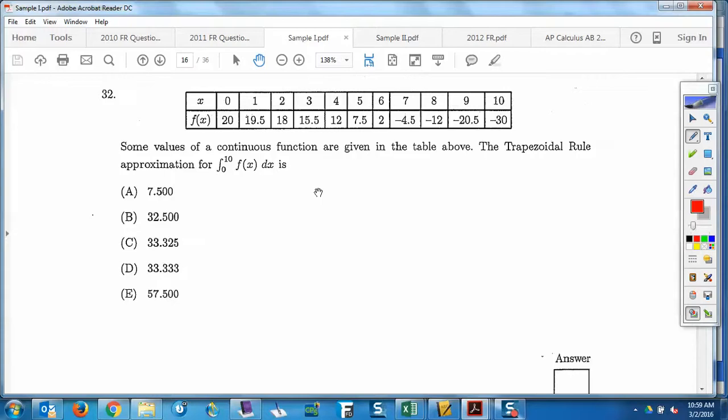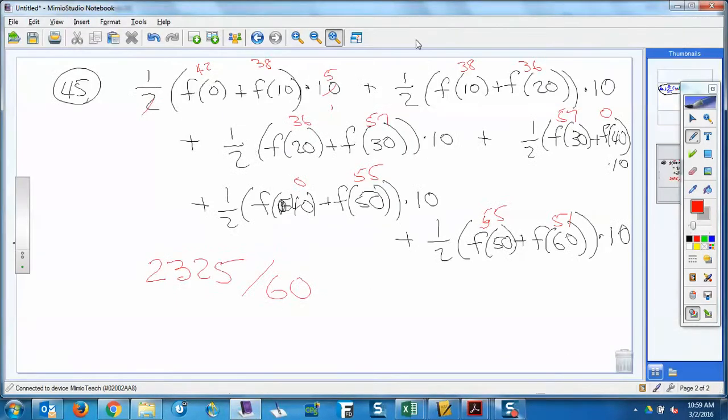So, now, this might be a good time. We're going to talk about it later in chapter 6, but what the heck, we might as well talk about it now. If you were looking for kind of a shortcut for all of this that I just did right here, what do you notice just repeats over and over again? The 1/2. The 10, can you pull those out and just do those at the end?